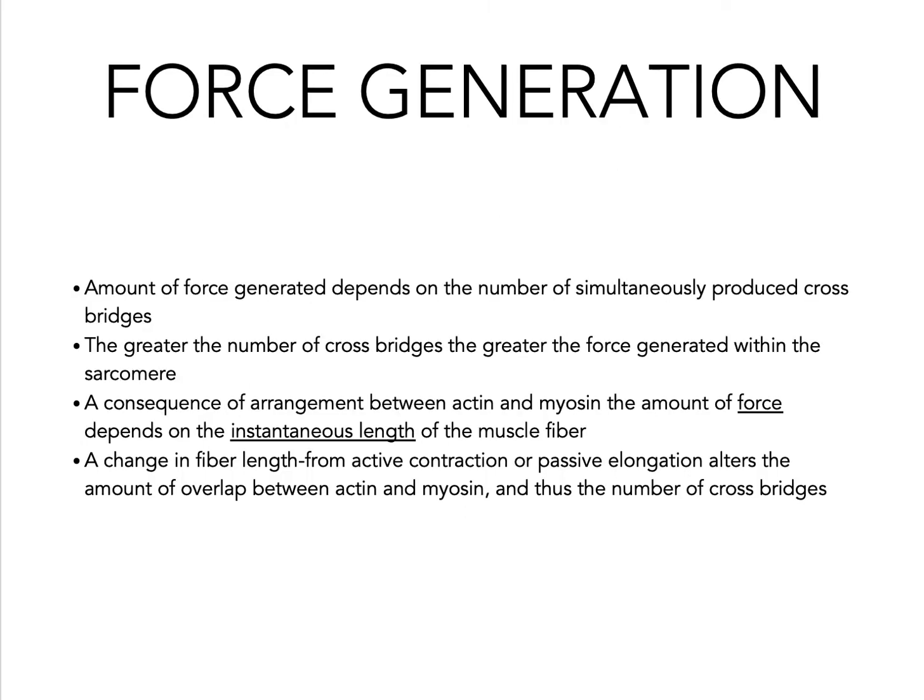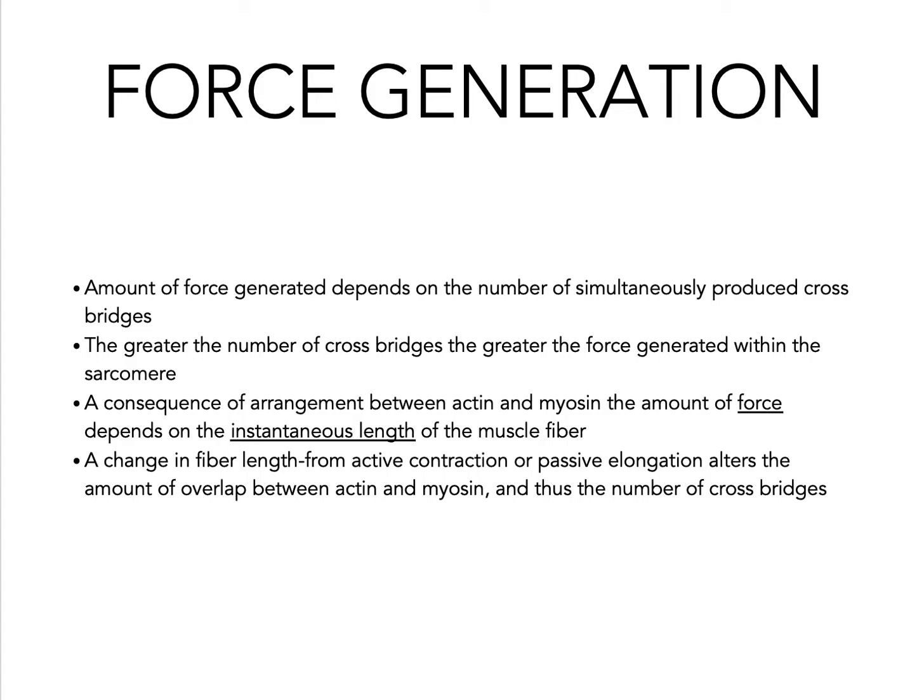Amount of force generated depends on the number of simultaneously produced cross bridges. The greater the number of cross bridges, the greater the force generated within the sarcomere. As a consequence of the arrangement between actin and myosin, the amount of force depends on the instantaneous length of the muscle fiber.